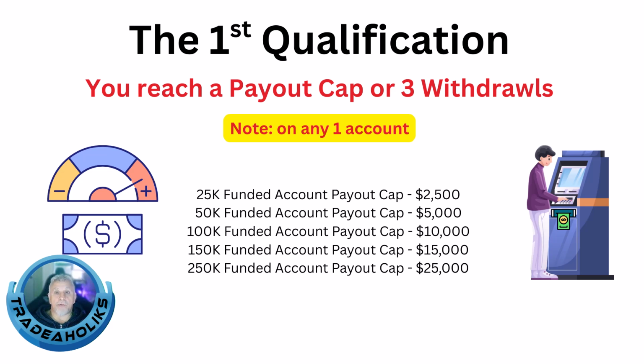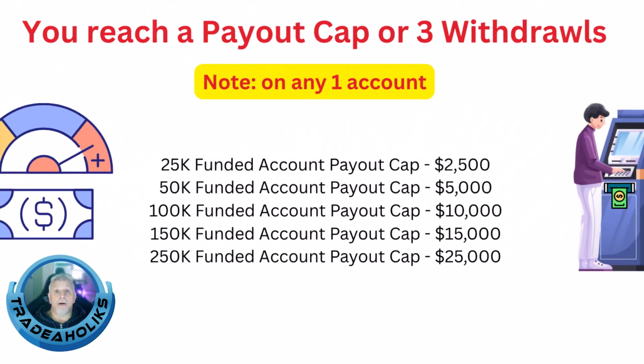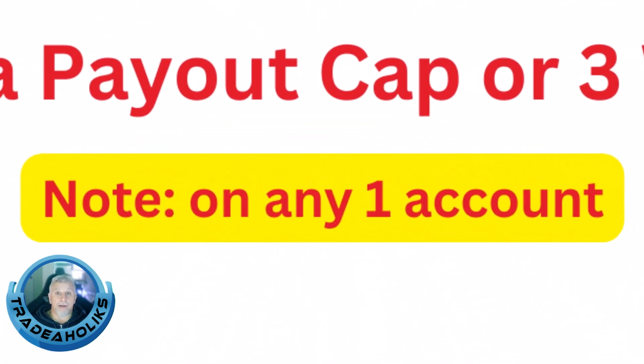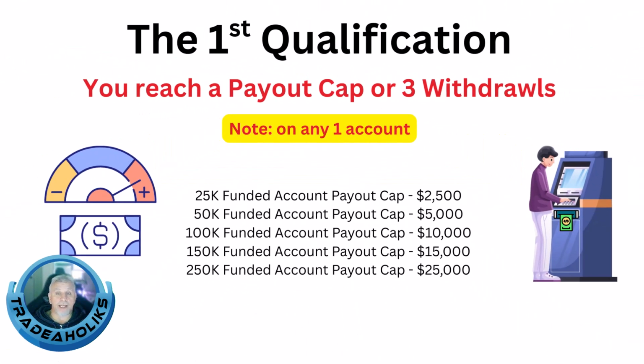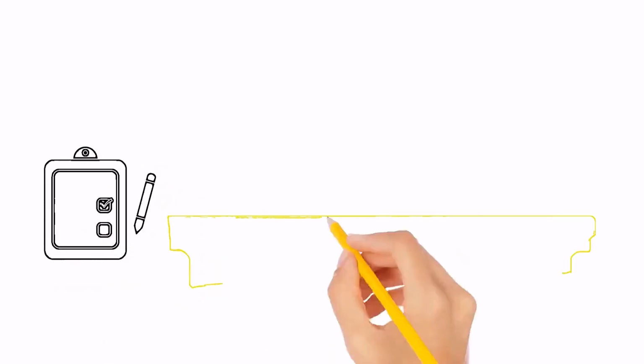And on your screen, you will see the different payout caps for the different account sizes. So keep note that it's on any one account. So regardless of whether you have 5 or 10 accounts, the minute you either have 3 withdrawals or you've hit the payout cap on one of those accounts, you've passed the qualification step, and then they will start looking at you for a real live money account.